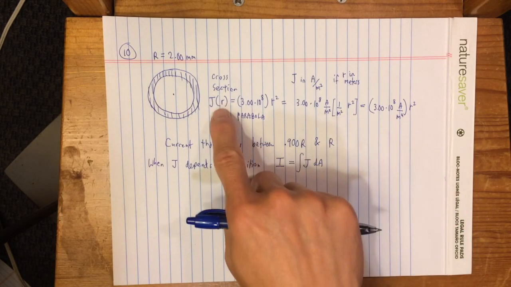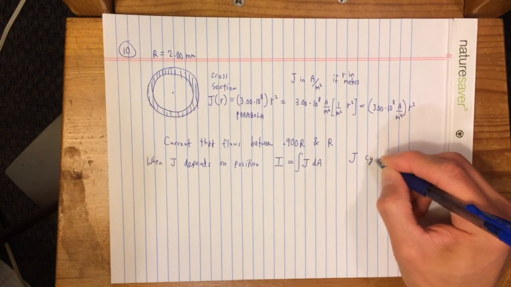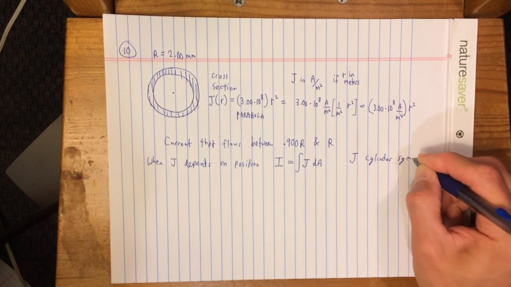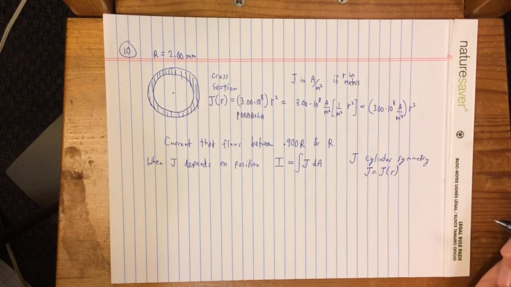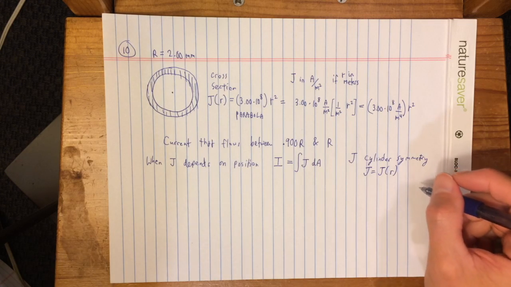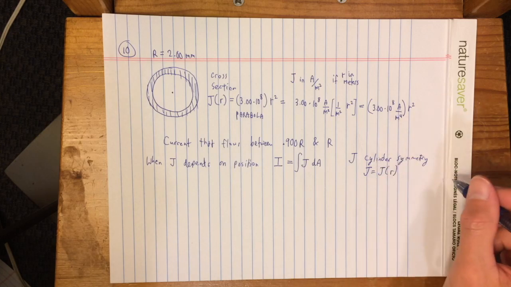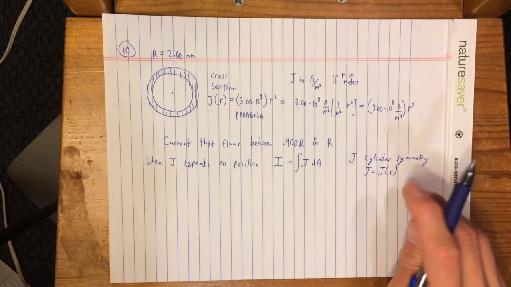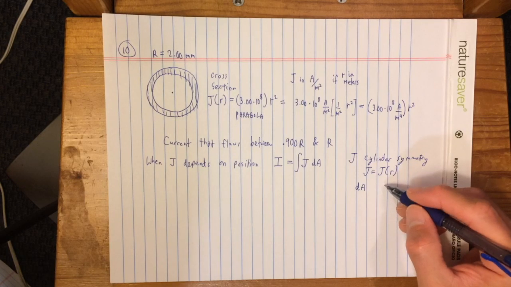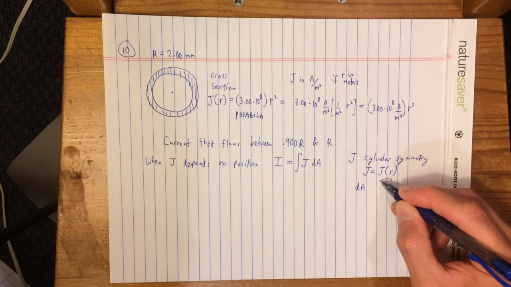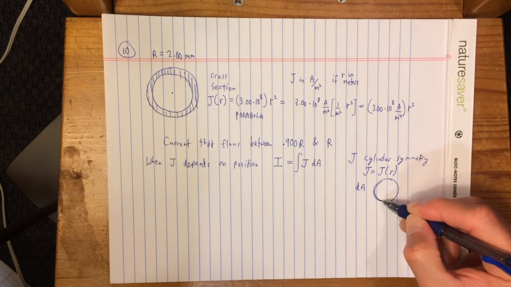Because J is so-called cylindrically symmetric, that is, J is only a function of r. It's not a function of any other spatial variable. In the case of cylinder symmetry, the type of area element that's really useful is a very thin ribbon or strip.